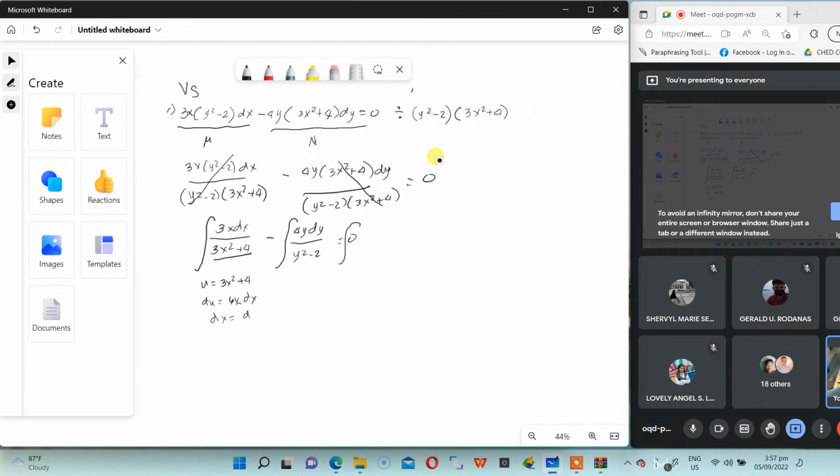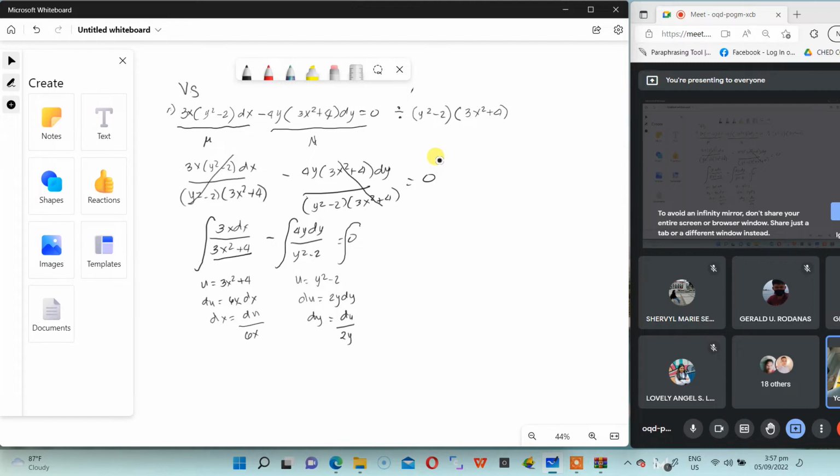Therefore you have dx equals du over 6x. On the other side, you could use v or any variable, so let's just say another u. You have u equals y squared minus 2, so du is equal to 2y dy, and your dy is equivalent to du over 2y.